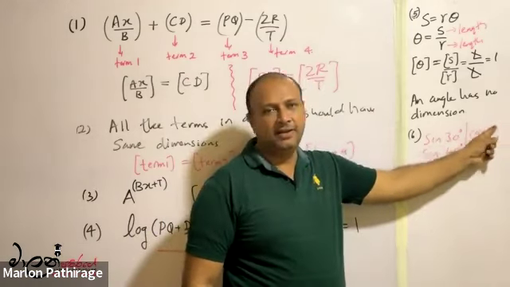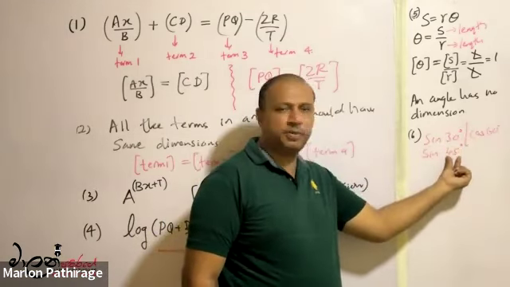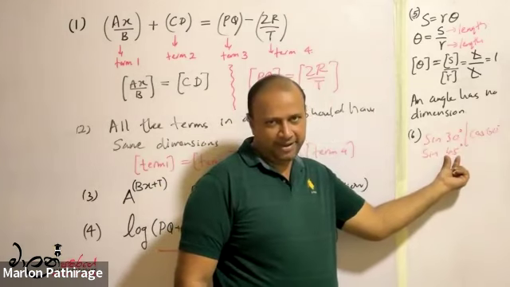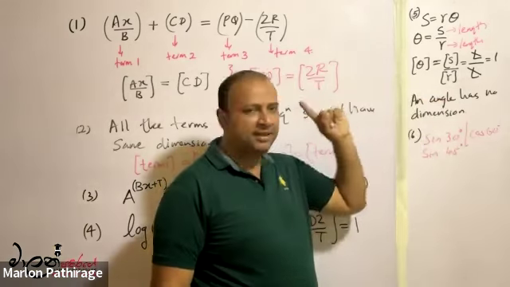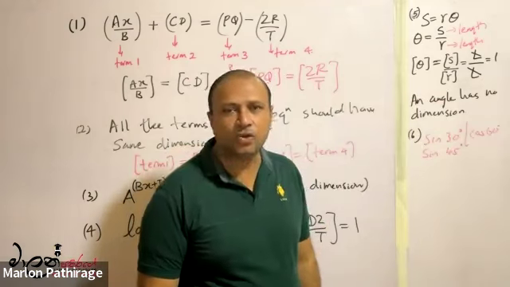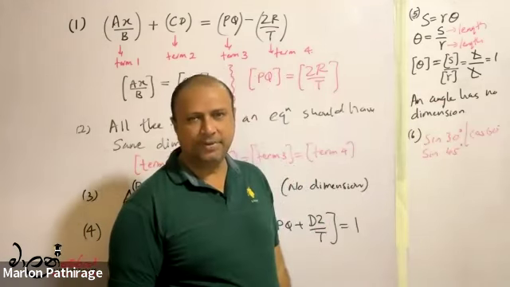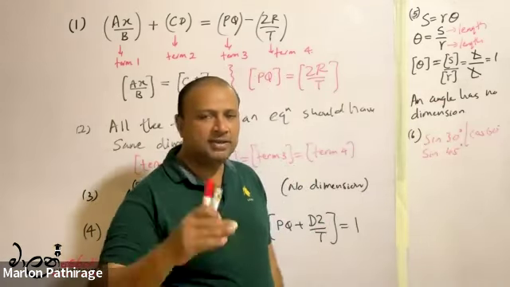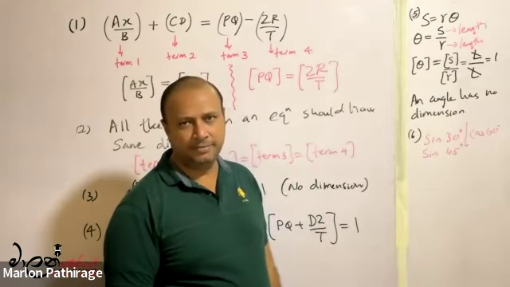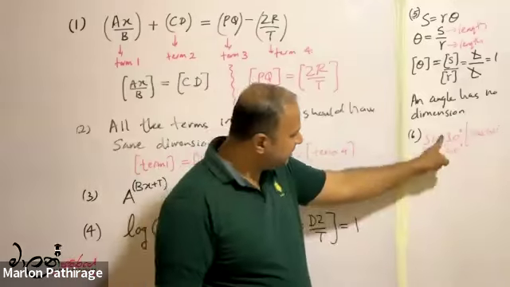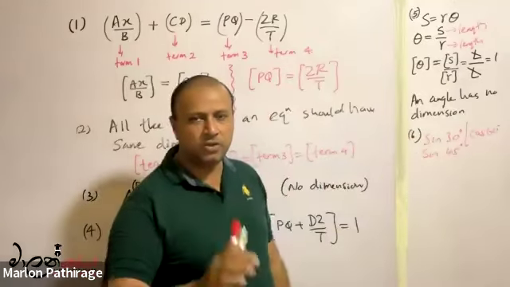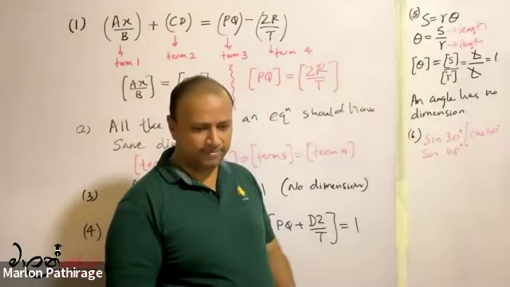As we discussed earlier, angles have no dimension. Therefore, the inside expression of a trigonometric function does not have a dimension.